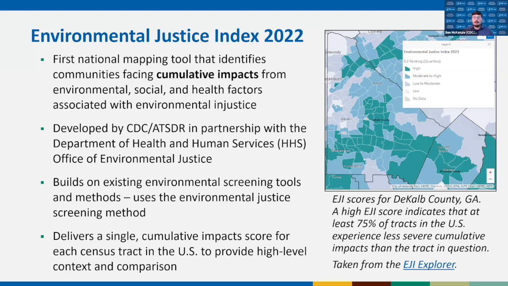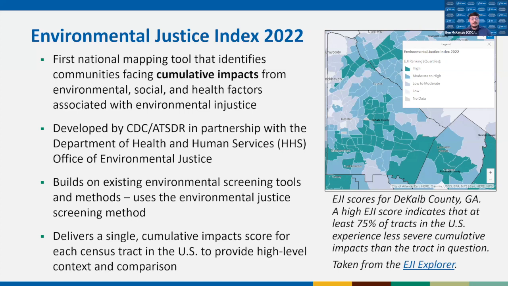In just a bit, I'll demonstrate how to use this interactive mapping tool to go further in exploring these data. But for now, I want to focus on how we created the EJI. I also want to clarify that the EJI score is not intended as a definitive label, but as a tool for contrast and comparison. I'll get more into that in just a bit too.